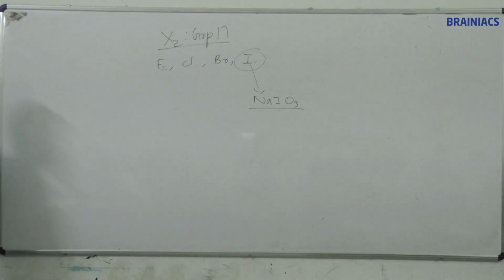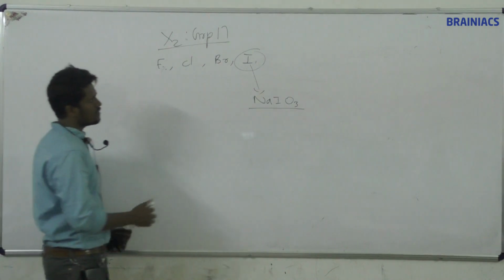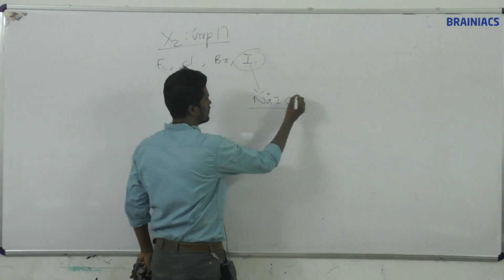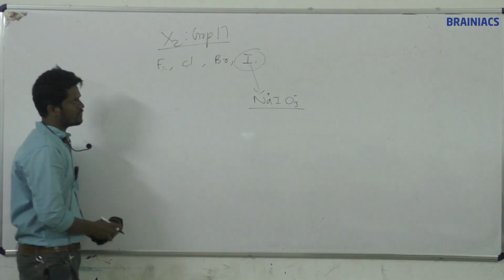Iodine exists as sodium iodate. That means Na+ and IO3-.